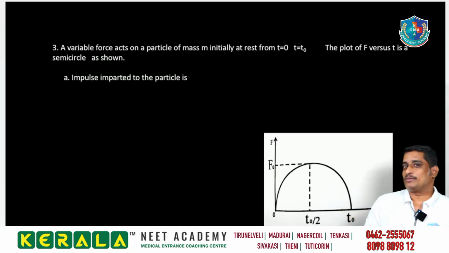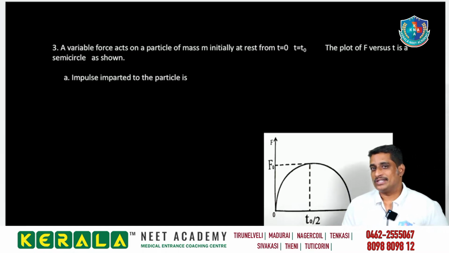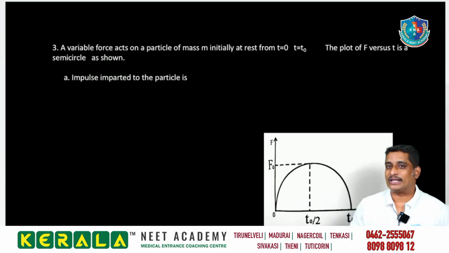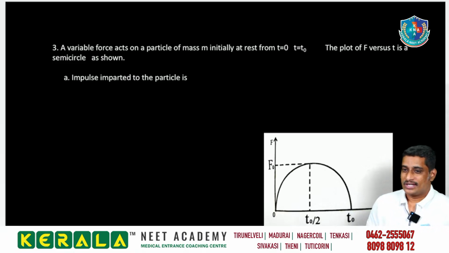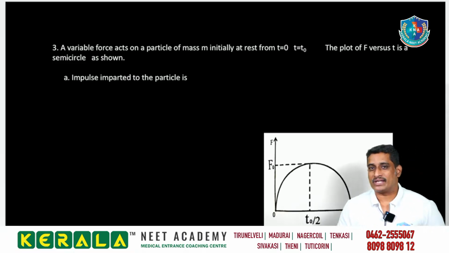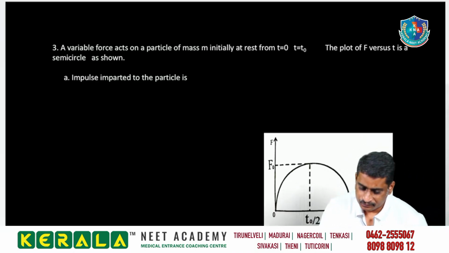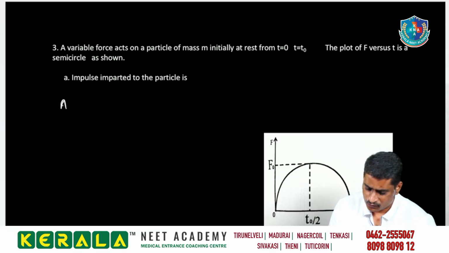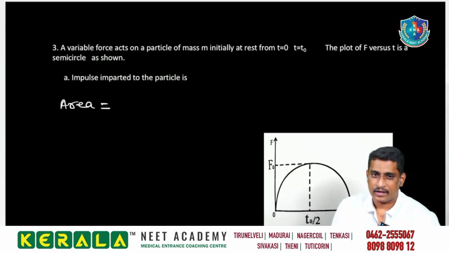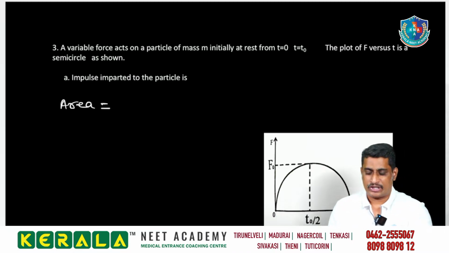In this particular example, they're asking us to find out the amount of impulse which is imparted to the particle. Here the shape of the graph is given as a semicircle. Therefore, the area under this graph represents the impulse.